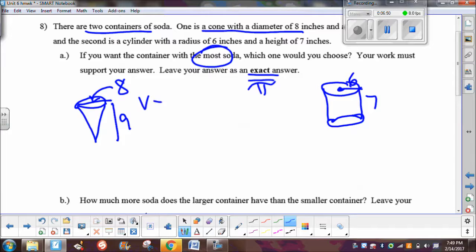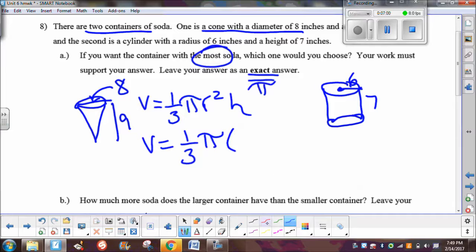So, volume for a cone, 1/3 pi r squared h. So let's start with that one. 1/3 pi. Now the radius, they gave us the diameter here, so the radius is 4 squared times 9. Go ahead, pause and calculate, but don't use the pi key.